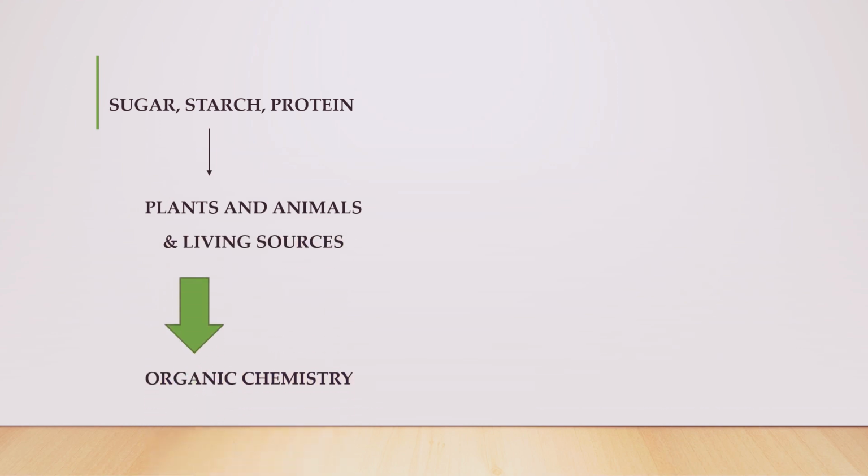And then, substances like sugar, starch, protein derived from plants and animals, these are from living sources and they belong to a branch of chemistry known as organic chemistry.